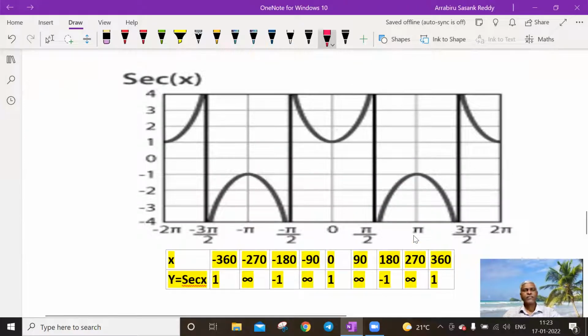Look at this sec. Minus 360 is 1. This is 1. Minus 270 is infinite. Minus 180 is minus 1. So this point is minus 1.